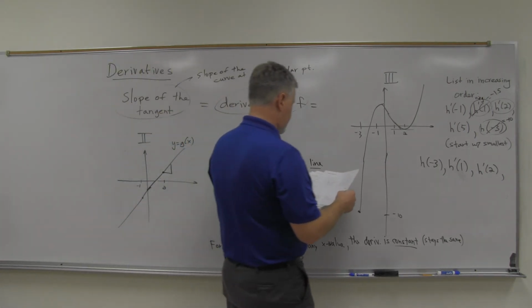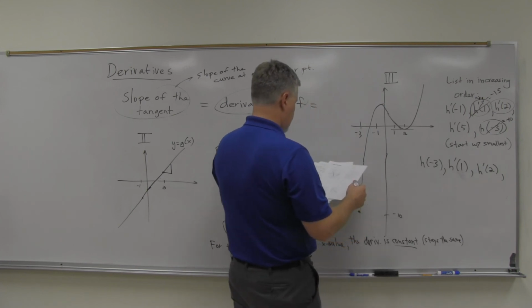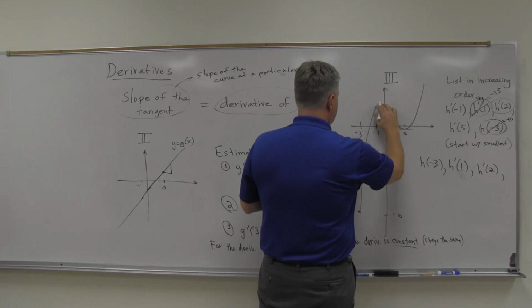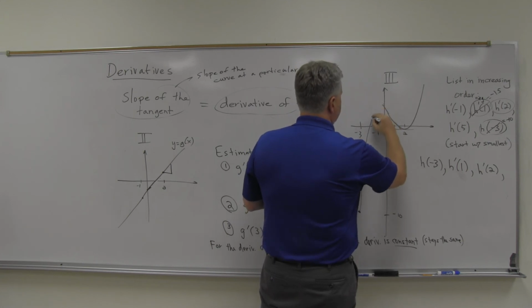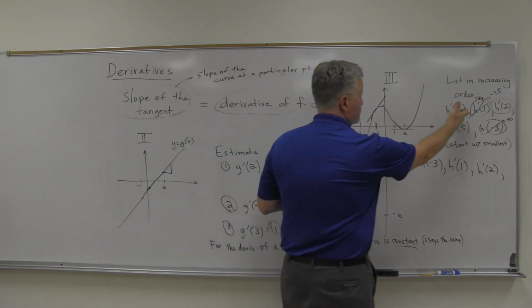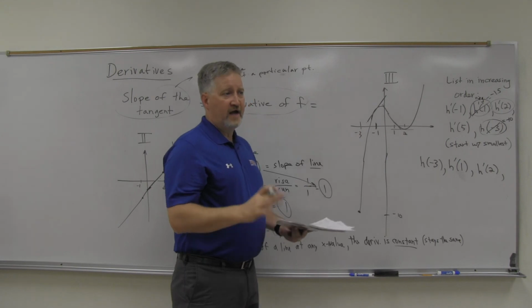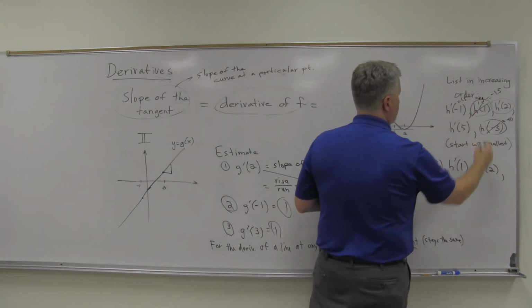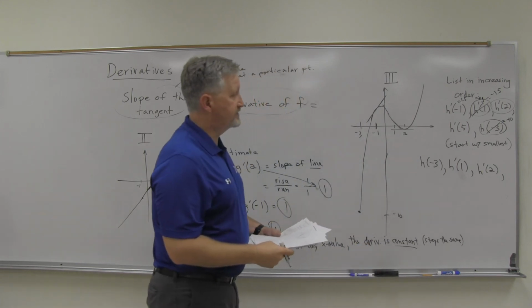h prime of negative 1 is talking about the slope at negative 1, and I estimated around 1.5 for its slope.